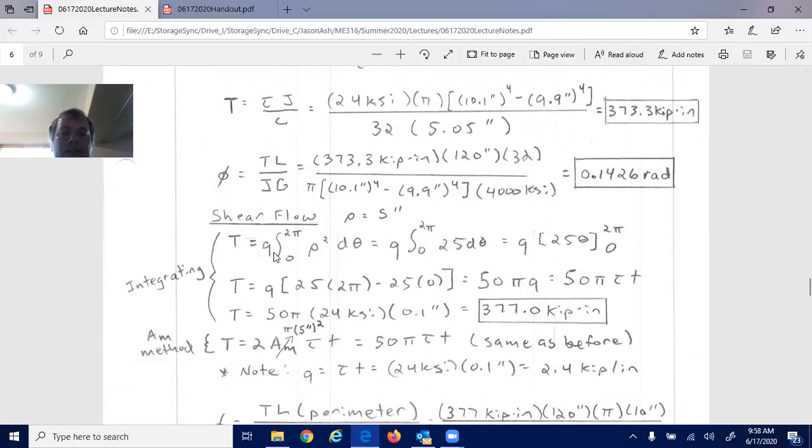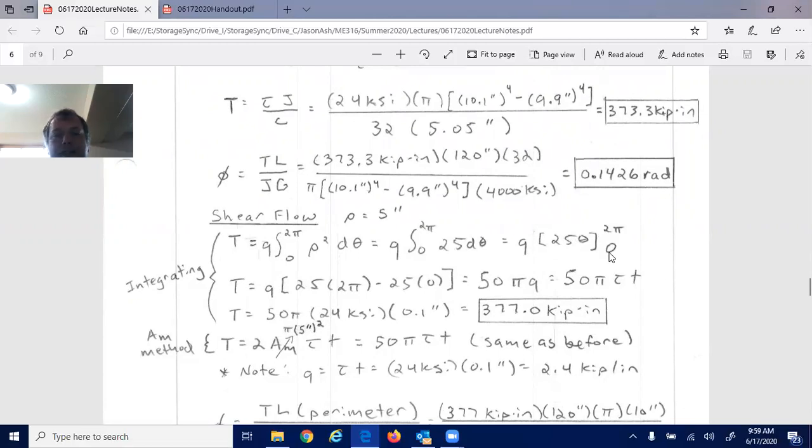But torque is equal to Q times that integral from 0 to 2 pi of rho squared d theta. And rho is 5 inches, so 5 squared is equal to 25. There's no theta in that expression, so you could technically pull that out of the expression if you wanted to, but if you integrate, you end up with 25 theta, evaluated from 2 pi to 0.